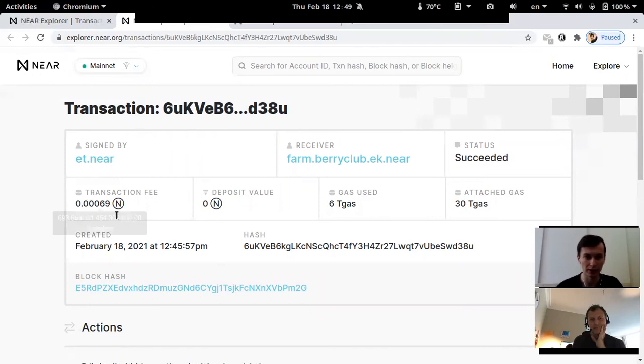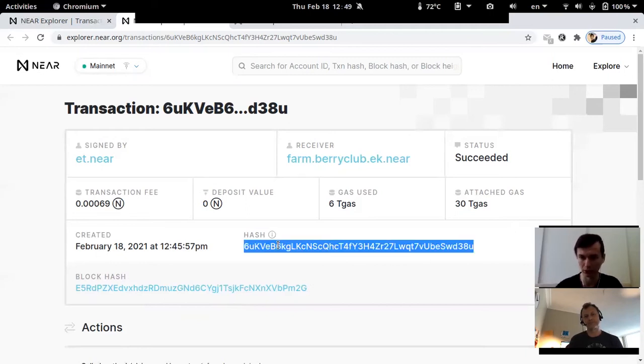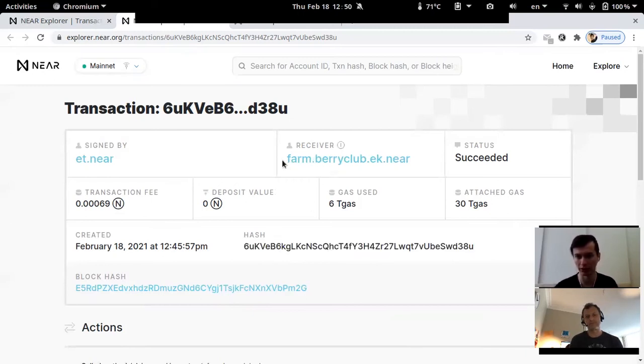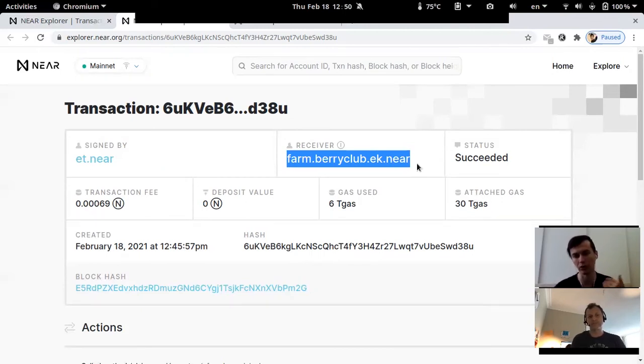If you have the transaction hash and know the receiver ID, you can look it up through JSON RPC. That's a bit unusual. Usually, the transaction hash is enough to look up the transaction in other systems, but given the sharding nature of Near, the transaction will end up on the shard where the account belongs, and that's why to look up the transaction, you need to have some way to specify which shard you need to go to.